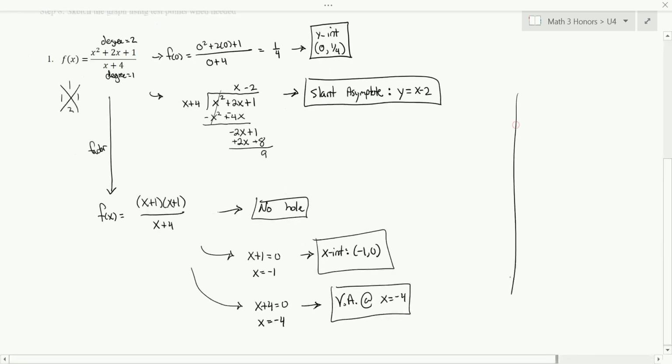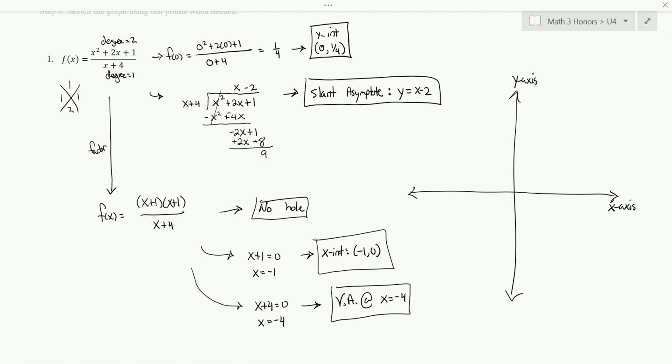Okay, so I'm going to sketch the graph. There's my y-axis. Y-intercept at 0, 1/4.